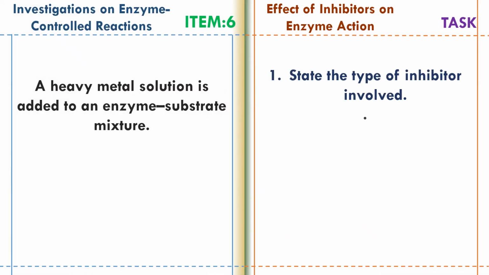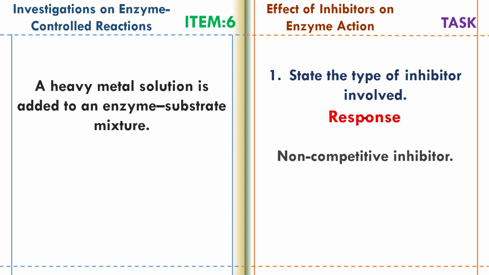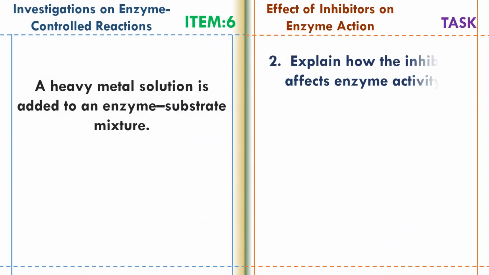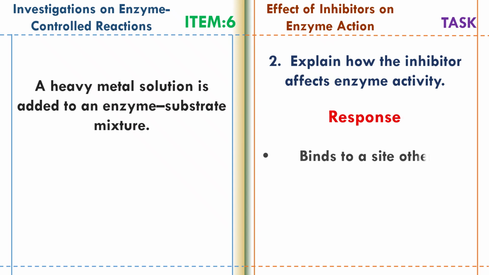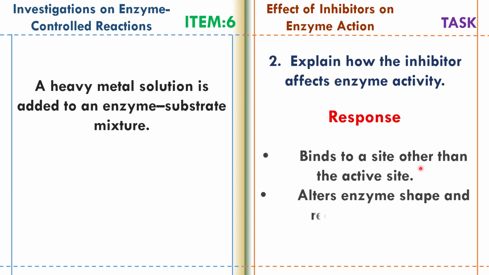State the type of inhibitor involved. Non-competitive inhibitor. Explain how the inhibitor affects enzyme activity. Binds to a site other than the active site.